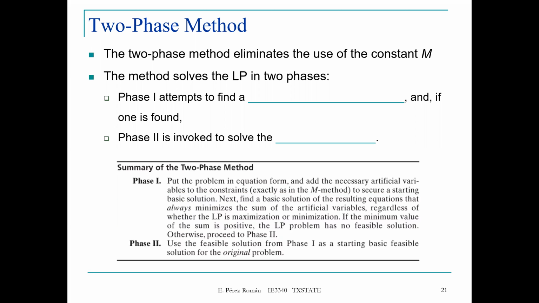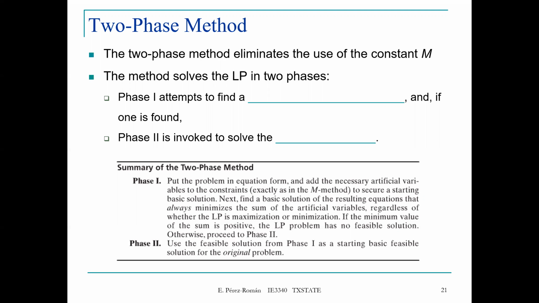So the two-phase method eliminates the use of the constant M as presented in the previous video lecture. In the M method, we use this constant M, which is a very large value that is used to penalize the artificial variables in the objective function. So in this method, we don't use those constants.